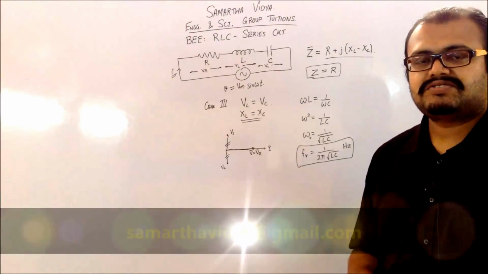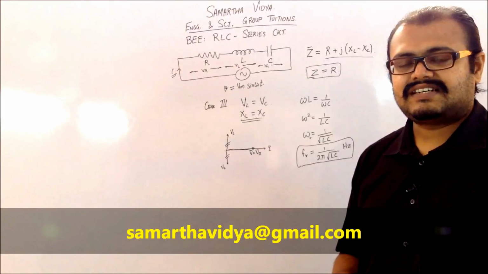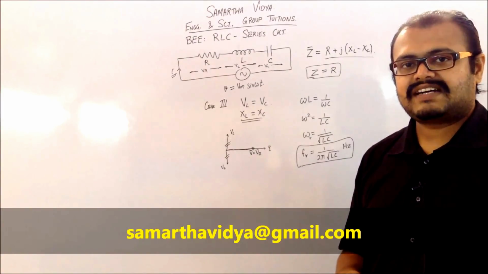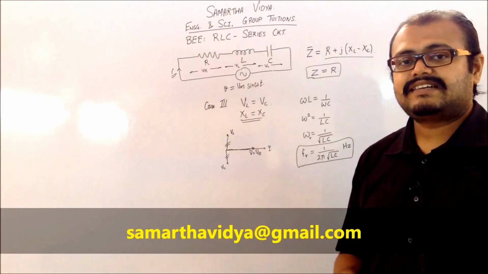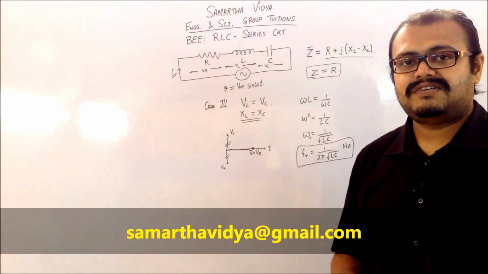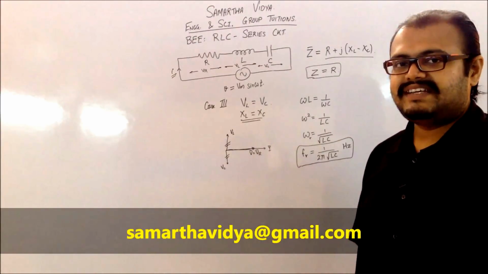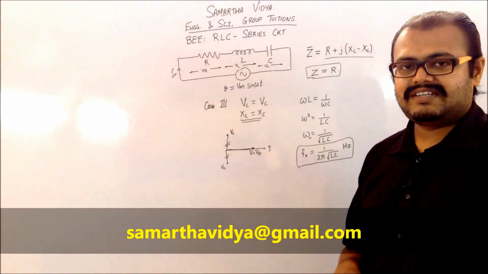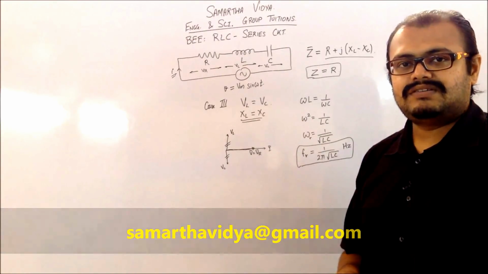Now the other thing you should understand is that whenever there is resonance in a circuit, the power factor in that circuit is going to be the maximum available. That means it's going to be equal to unity. Since there is no phase difference between the current and the voltage in the circuit, my phase difference is going to be equal to 0.